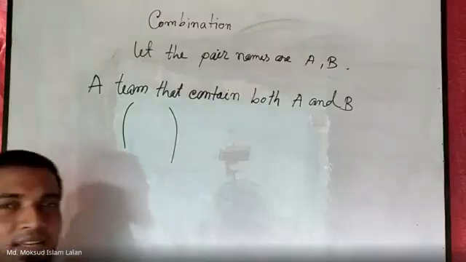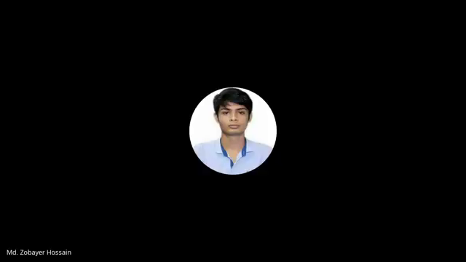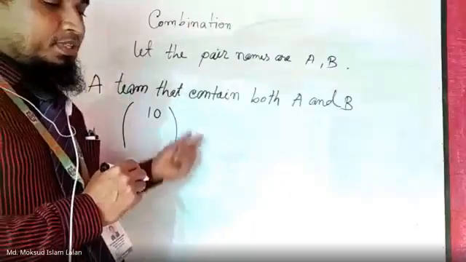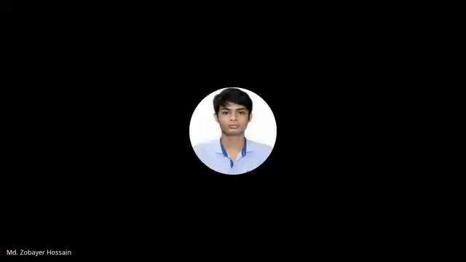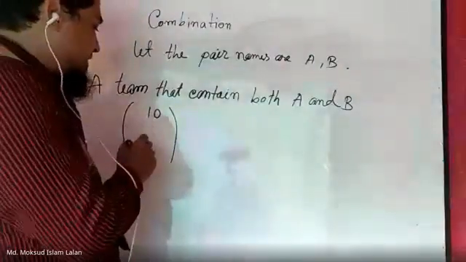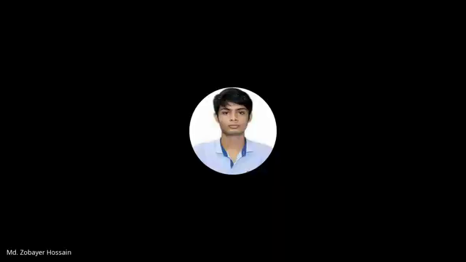Because both of them are included in your team, we can remove them from 12, 12 minus 2, because we reserve the seats. So that's 10 C 3.